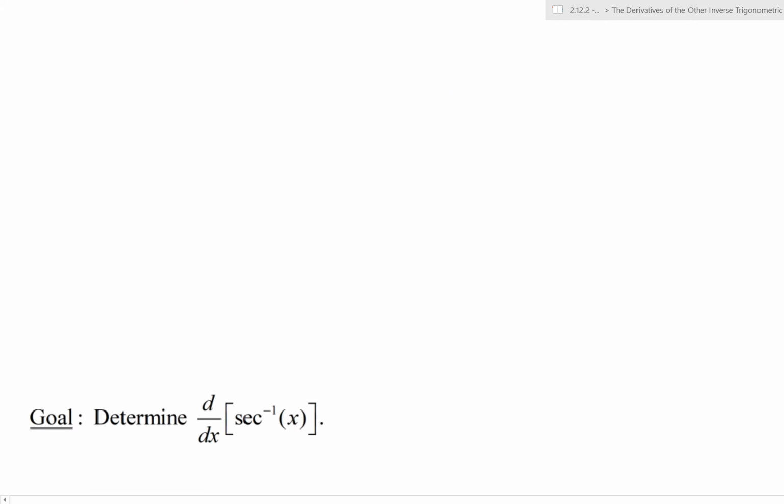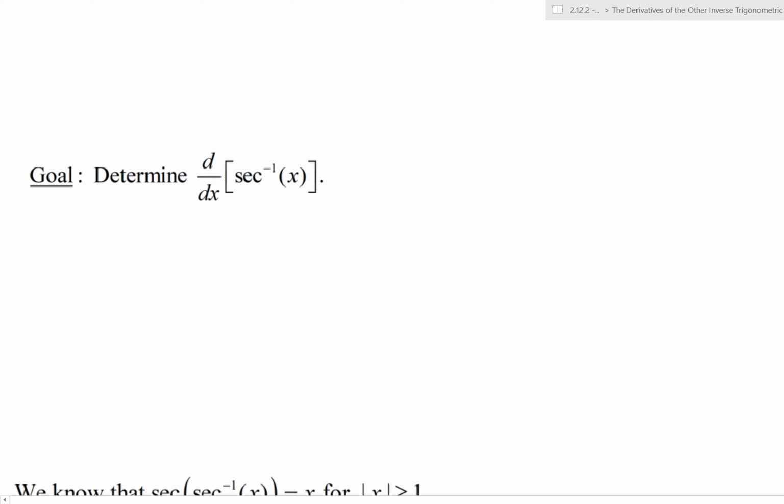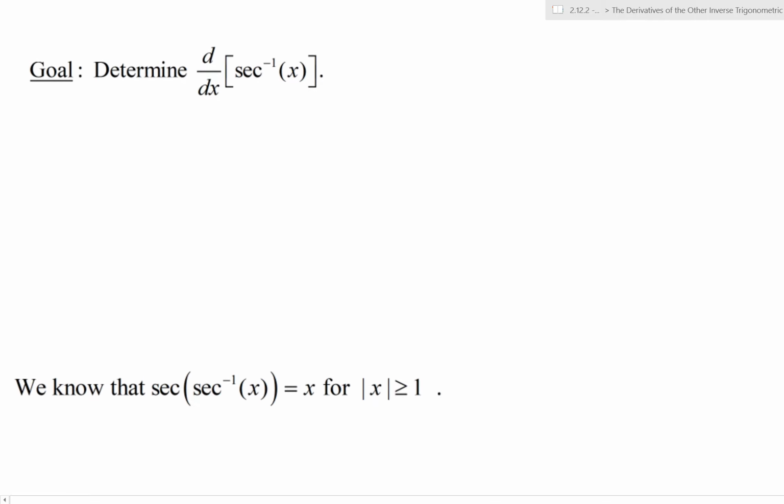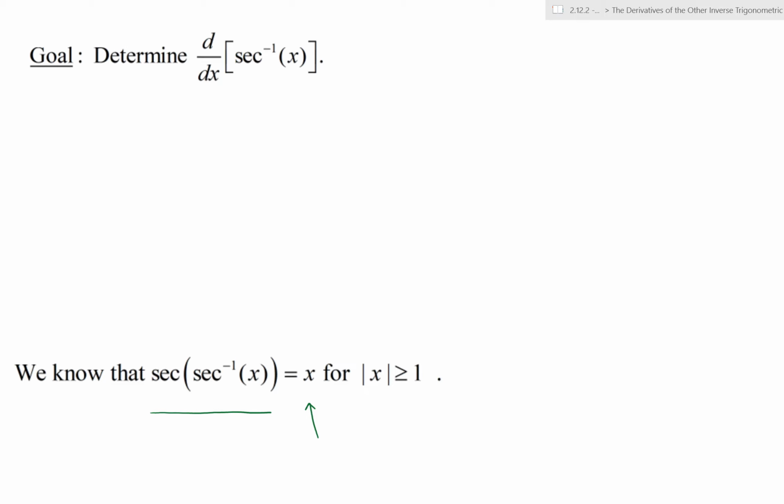We are going to look for the derivative of the arc secant function right now. So what do we do? Very similar to how we derived the derivative of the arctangent function. Because secant and secant inverse are inverse functions of each other, when I compose them, secant of the secant inverse of x, we get back x, and this is for values of x in magnitude bigger than or equal to 1, as described earlier.